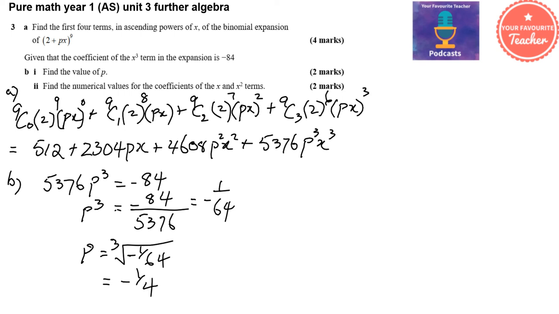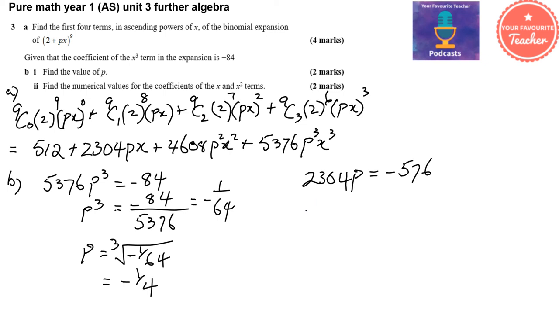The second part says, find the numerical values for the coefficients of the x and x squared terms. So the x and x squared terms from part A become 2304p, which if we use p is equal to minus a quarter is minus 576.